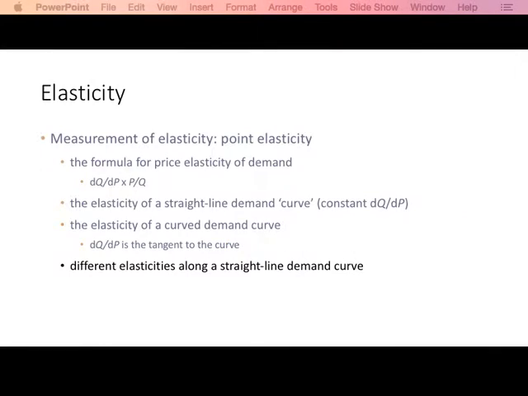Okay, next. Now, just like we saw earlier with arc elasticity of demand, it changes at different points over time. So let's look at this now.